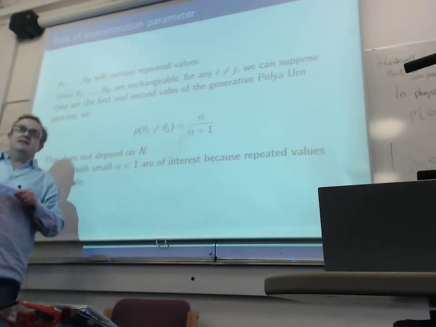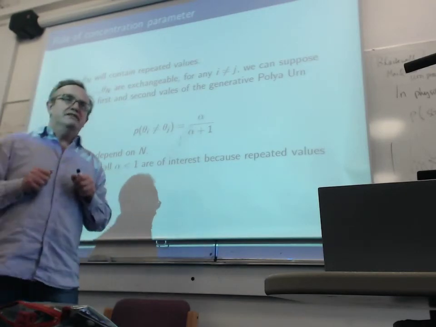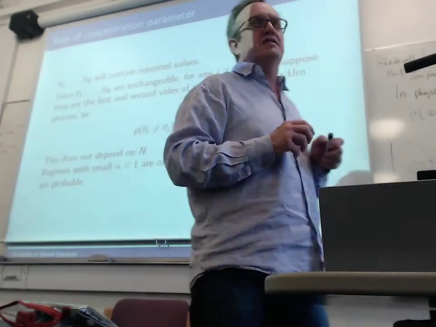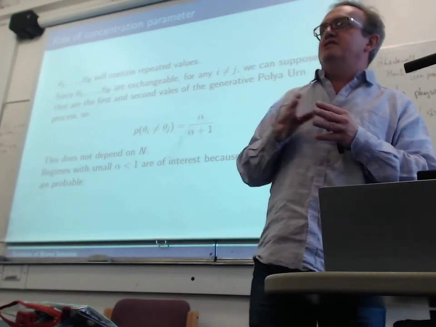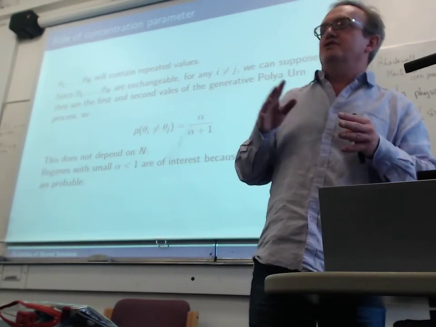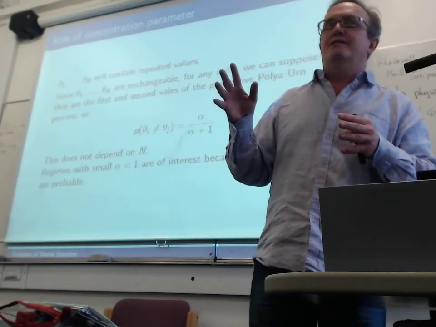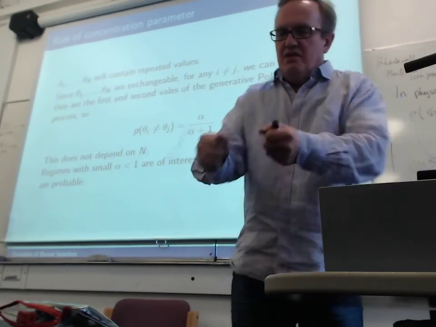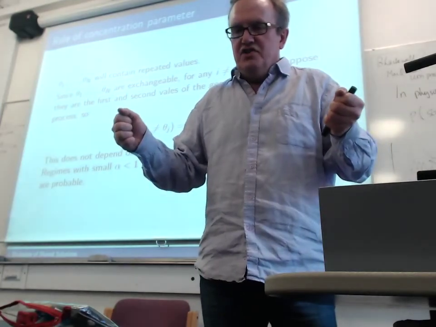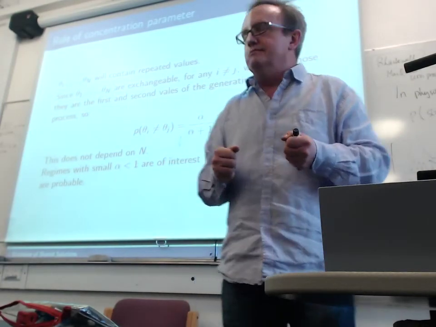Way back in the day, geneticists could identify, say, 10 different versions of a gene in the population, and a measure of diversity is what's the chance that two people have the same version?